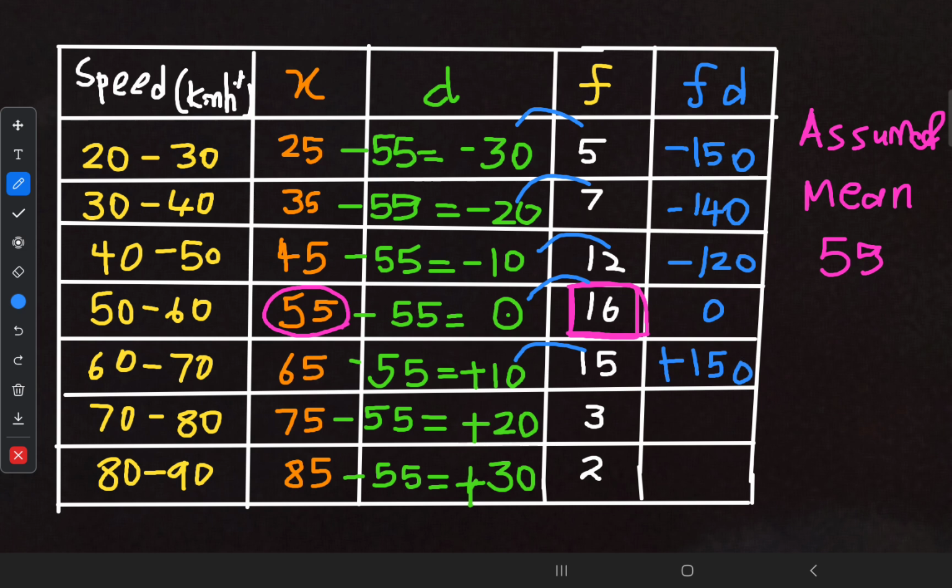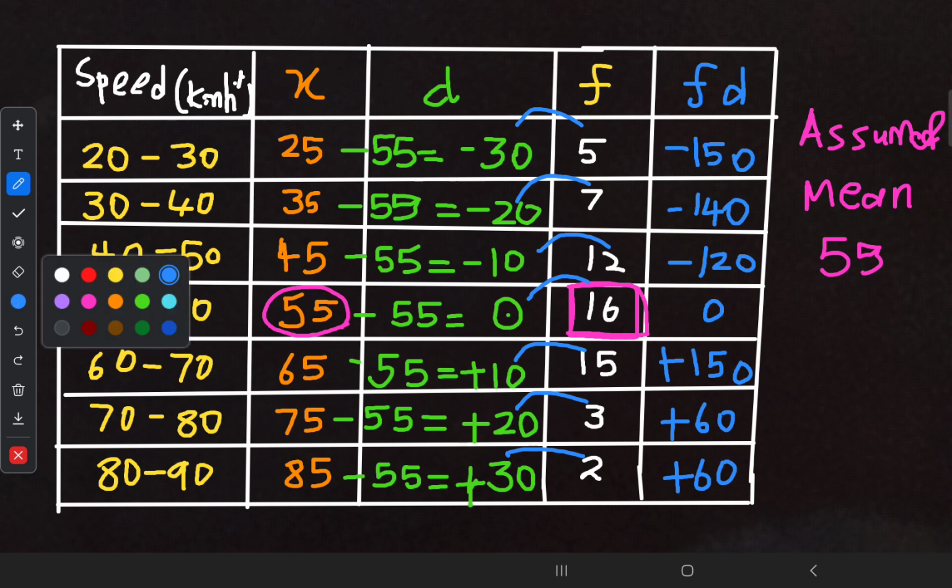Then 3 times positive 20, positive 60. 2 times positive 30, positive 60.